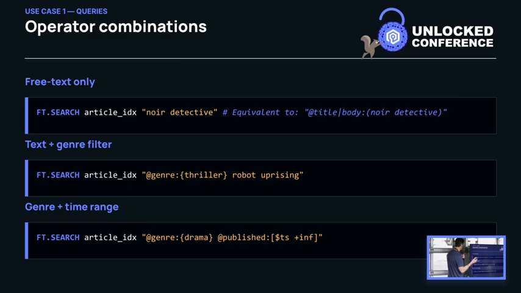Moving on to how do we specify the search? So the syntax, the first query provides you a list of articles that the word noir or detective appear in either the title or the body.